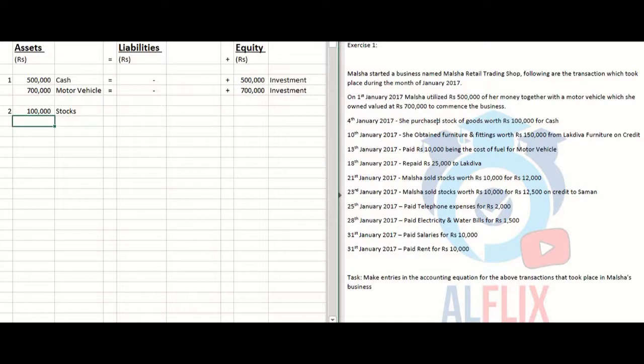Also at the same time, this being purchased in cash would reduce assets as there is an outflow of cash taking place due to the cash purchase. So this would result in a decrease in assets for rupees 100,000 in terms of cash.